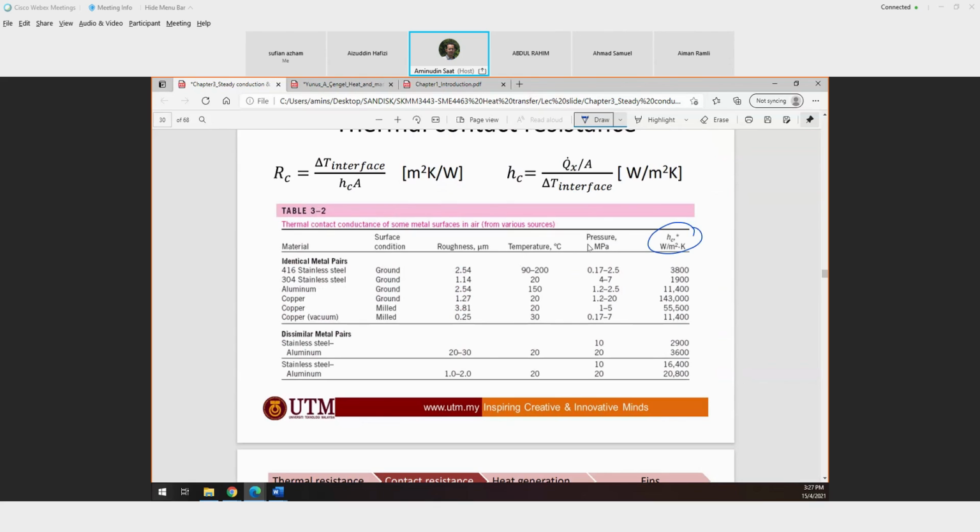You can find it if you know the pair of metals, the surface condition, the roughness, the temperature, and the pressure.